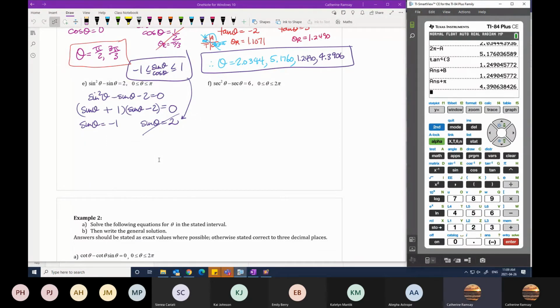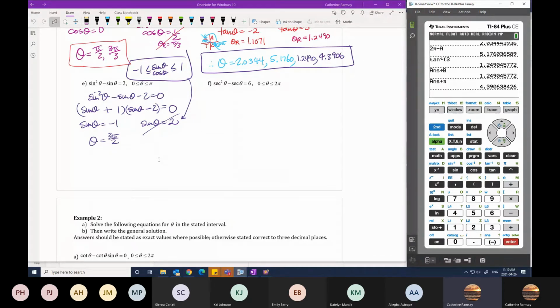All right, so now we have sine theta equal to -1. Can anybody tell me where the y value on the unit circle is -1? 3 pi over 2. Yeah, 3 pi over 2.